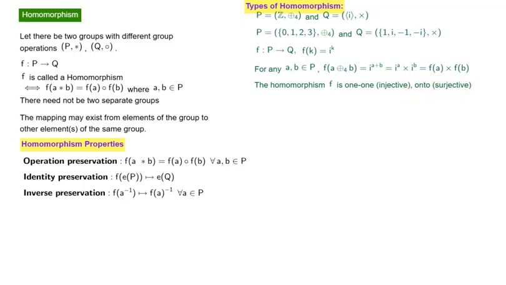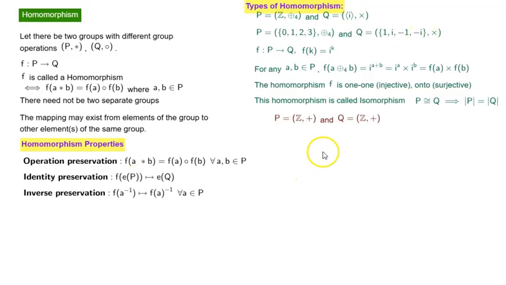So when a homomorphism is 1-to-1 and onto, it is called an isomorphism. And we say P is congruent to Q. Naturally, if it is 1-to-1 and onto, that means the order of P is equal to the order of Q. The number of elements in P will be equal to the number of elements in Q.